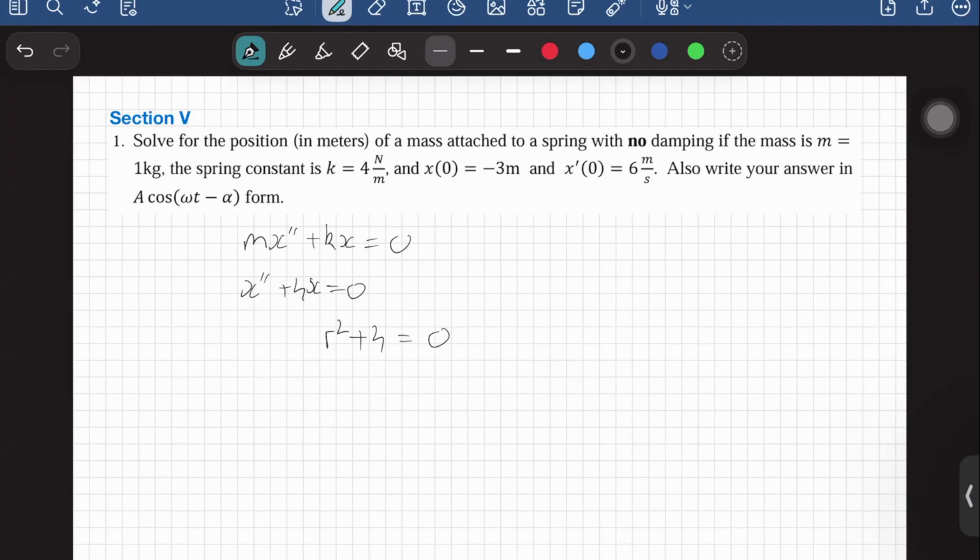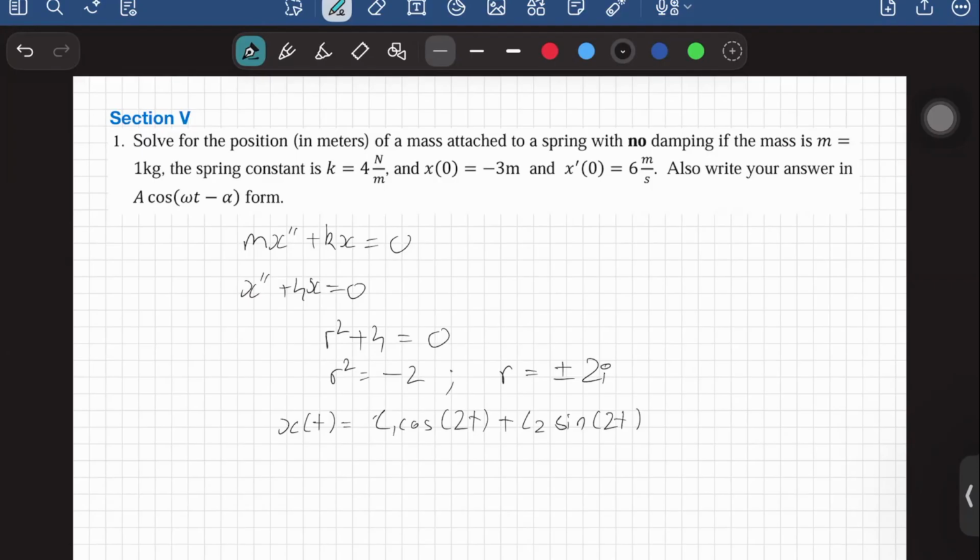So what we get is r squared plus 4 equals 0. So from this we know r squared equals negative 4, so r is plus minus 2i in this case. So our general solution for this one is x of t equals c1 cosine of 2t plus c2 sine of 2t.